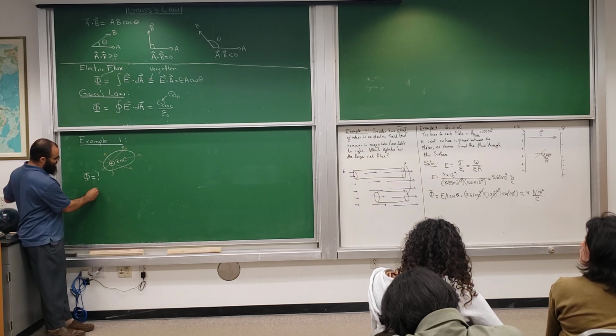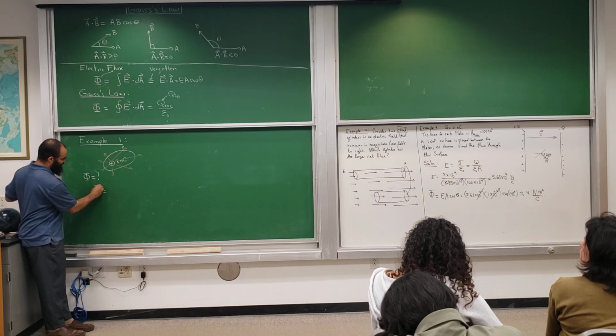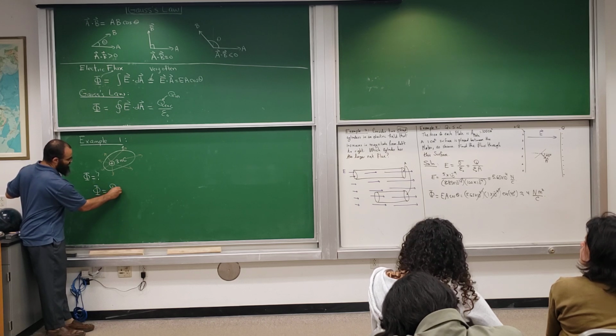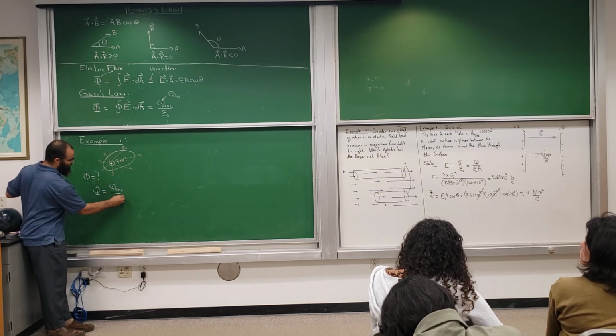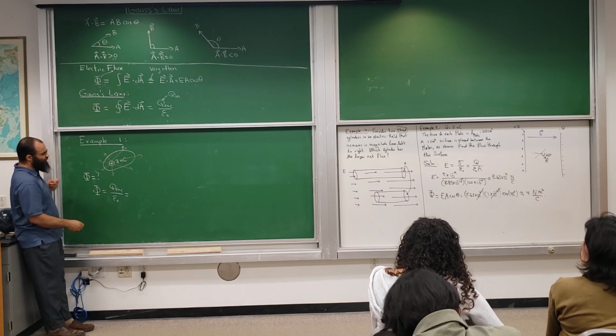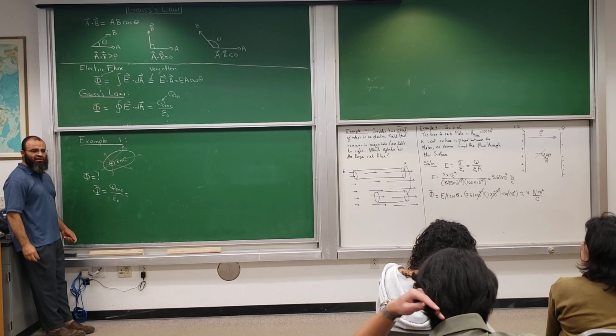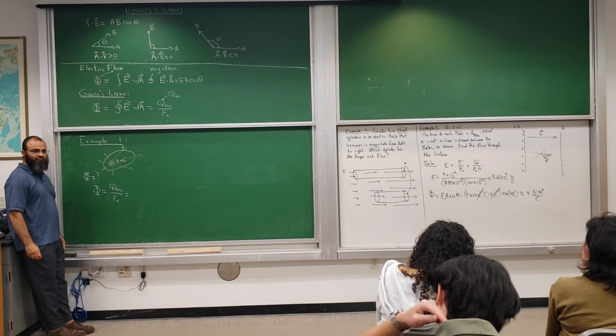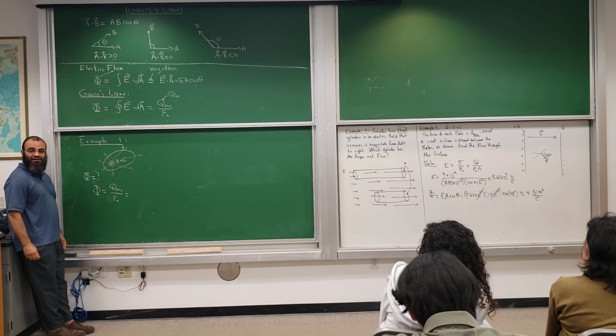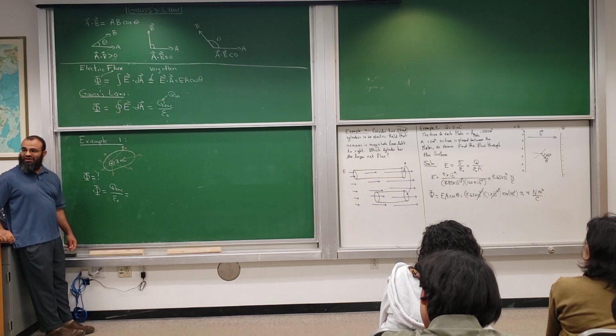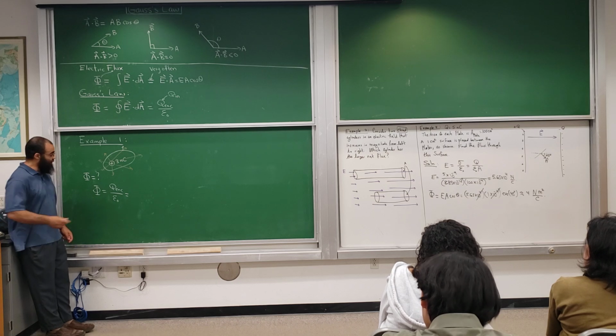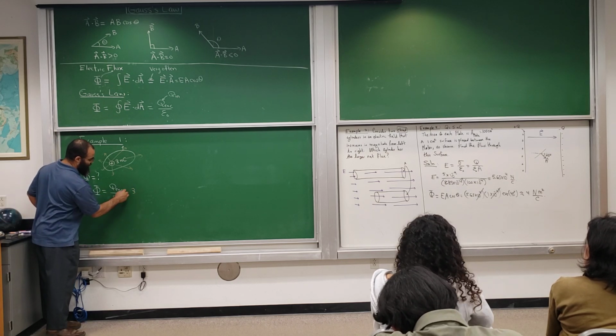But we can say the flux is equal to Q enclosed over epsilon naught. Now, look at our surface and think, how much charge is enclosed within the surface? How much charge do we have within it? 3, right? Yeah, 3 nanocoulombs.